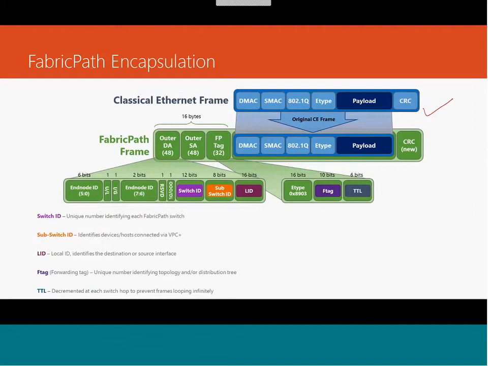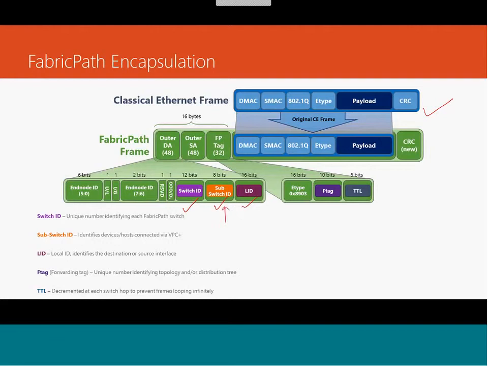Now, what does the Fabricpath frame really have? The outer destination address contains the end node ID, the UL bit, the IJ bit, the end node ID again, and RSVD, which are reserved. Most of the common ones which come into use are the switch ID, the subswitch ID, and the LID, right?